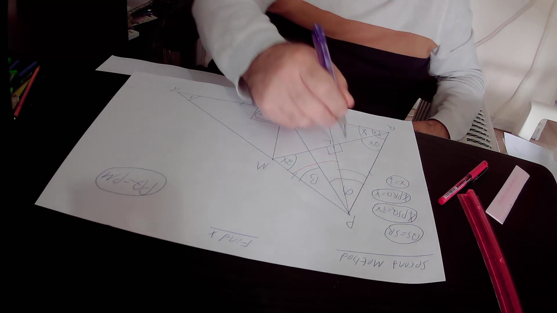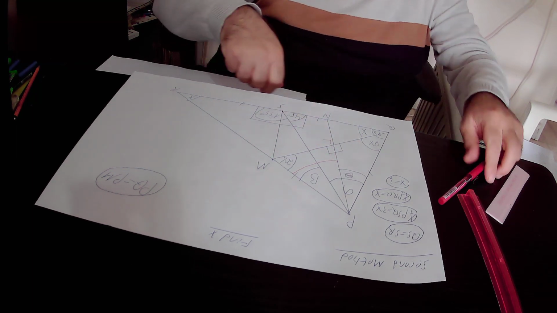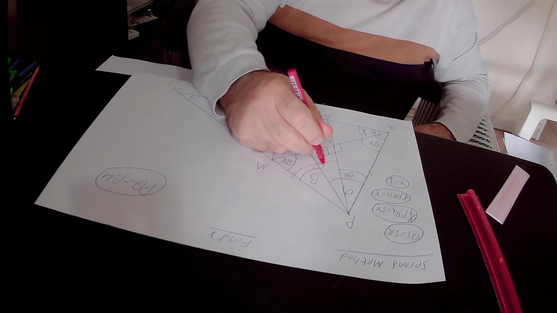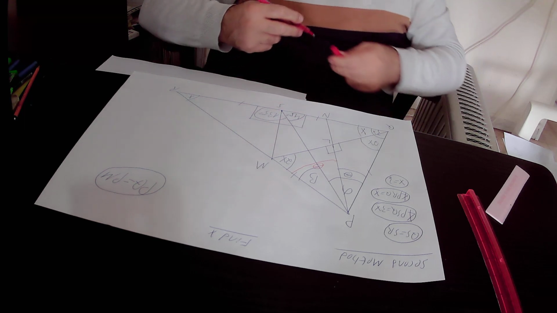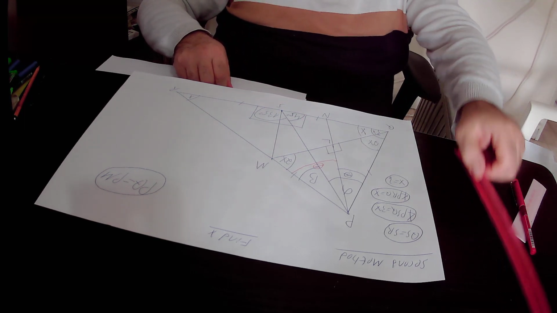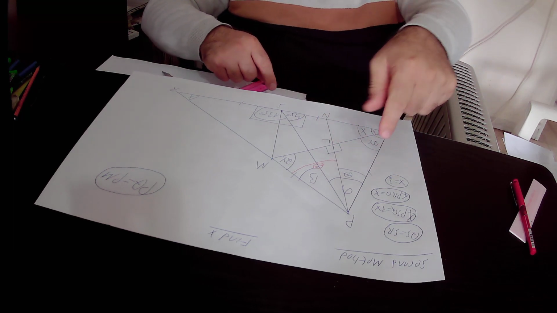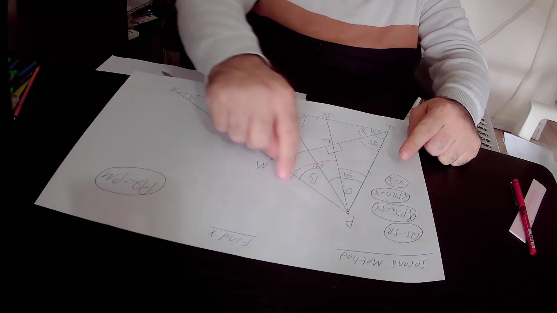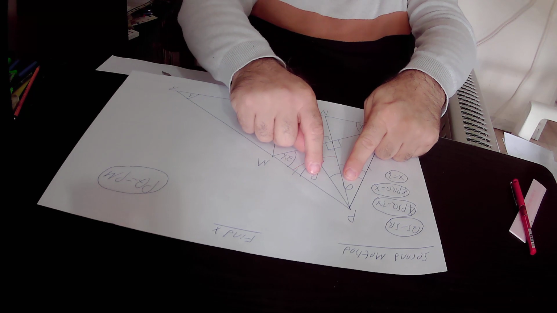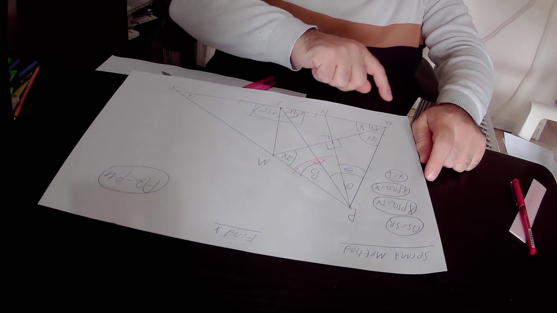So if we define this angle as theta, then this angle must also be equal to theta, because those two angles are equal to each other. And as you can see clearly from the drawing, theta plus theta is actually this angle, which is angle QPR.